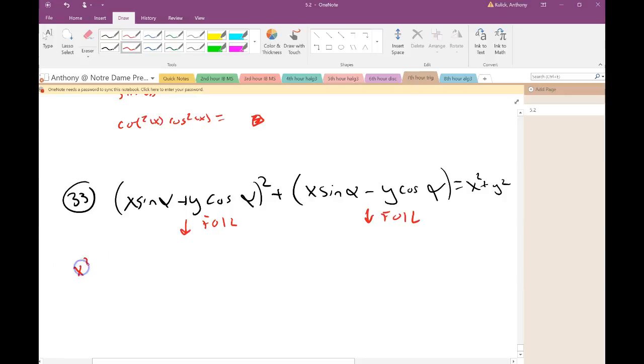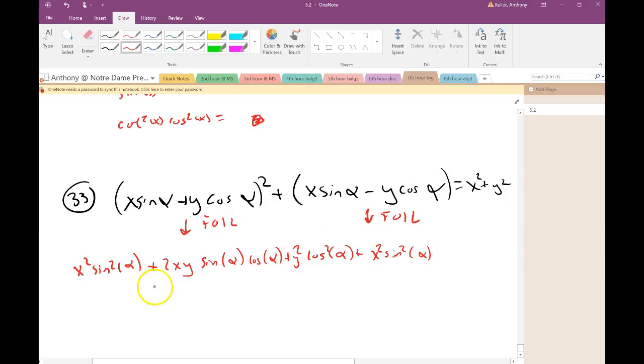When I do that, I get x squared sine squared alpha plus 2xy sine alpha cosine alpha plus y squared cosine squared alpha plus x squared sine squared alpha.